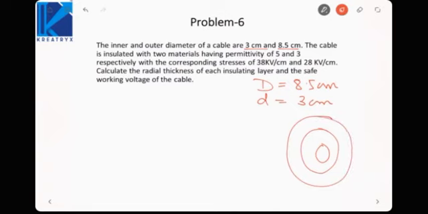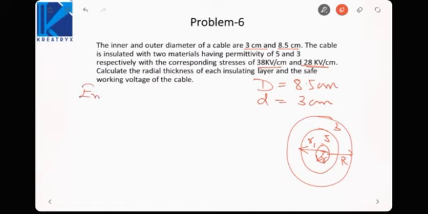Okay, so this will be capital R, this will be small r. Let me call this radius as R1. Okay, having permittivity 5 and 3. We know the material with higher permittivity will be placed near to the conductor. And their corresponding stress, that is the maximum electric field, is 38 and 28. We need to find thickness of each layer.